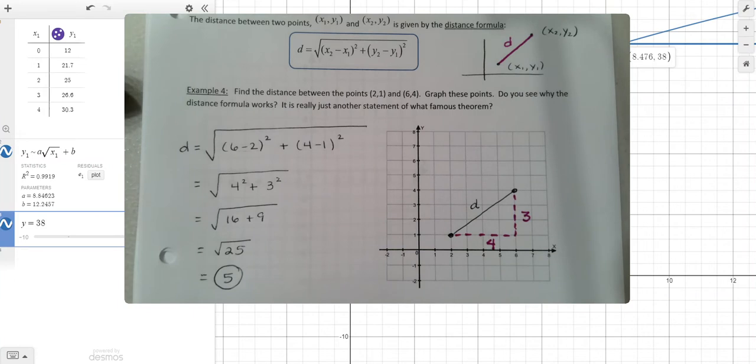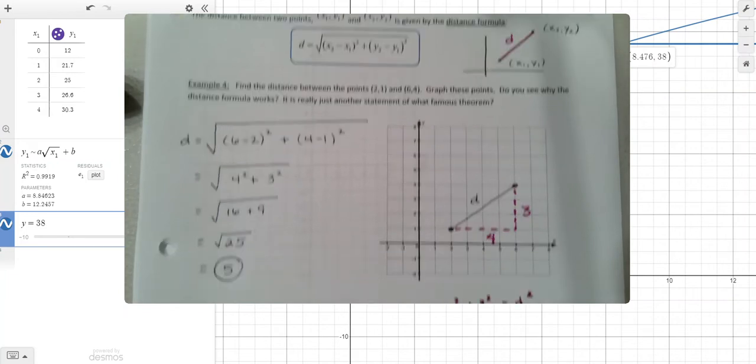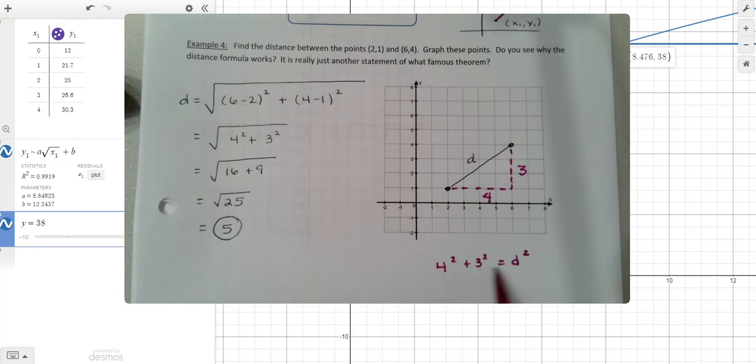And so I could have written 4 squared plus 3 squared equals d squared. Oops. 4 squared plus 3 squared equals d squared, as the Pythagorean theorem.